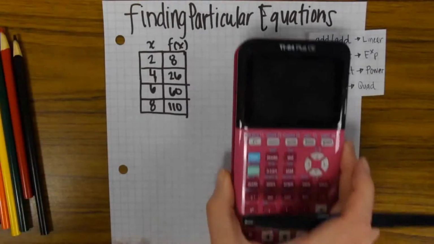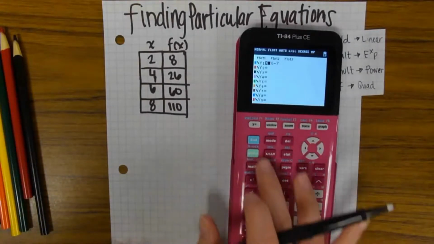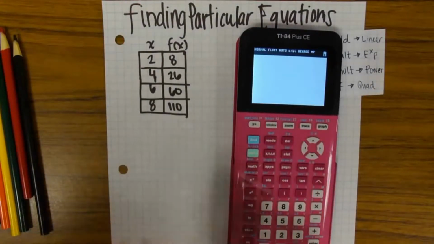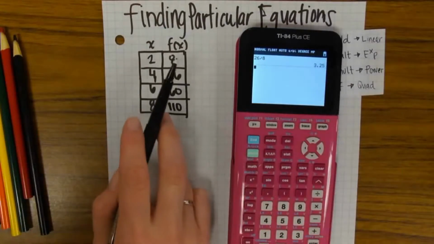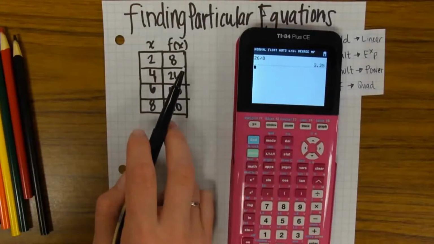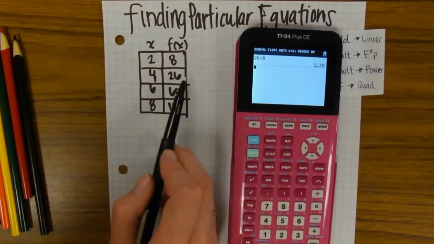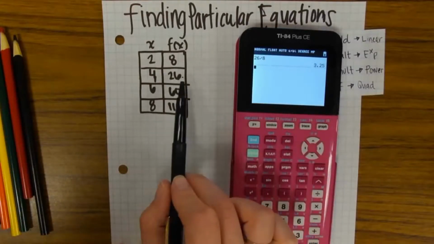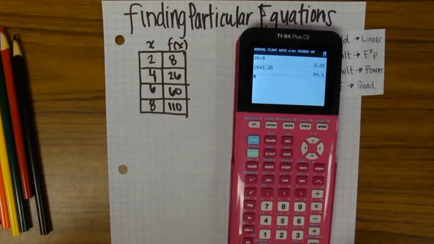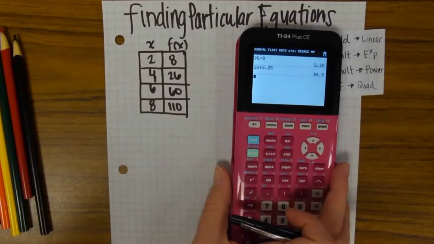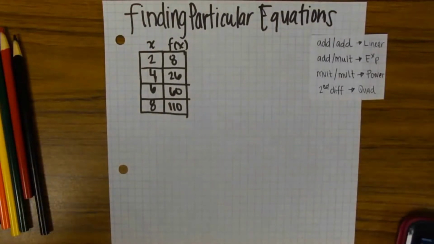Well, to figure out what times what is going to get us there, we'll do 26 divided by 8. So that's 3.25. So if I multiply 26 by 3.25 and I get 110, then this is a multiply, multiply pattern. No, I did not get that. So this cannot be a multiply, multiply.